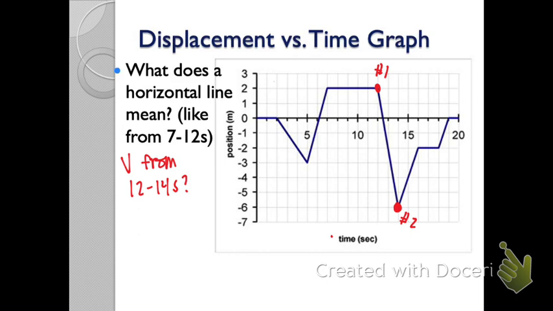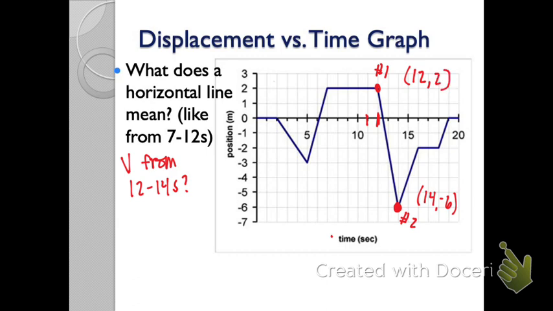Well, which one comes first? 14 comes first. The x component comes first. So 14, then what? -6. What are the components of my first point? 12, then what?